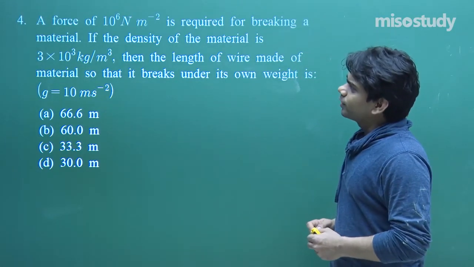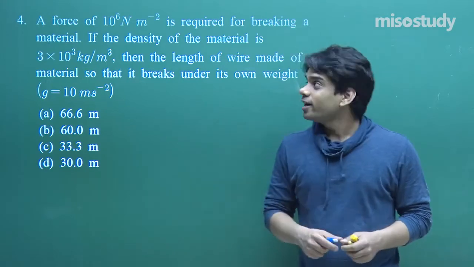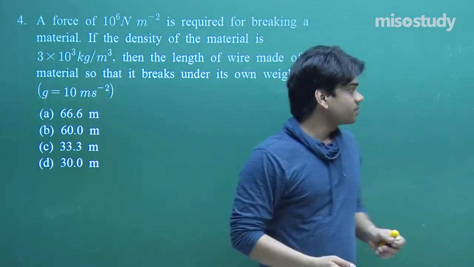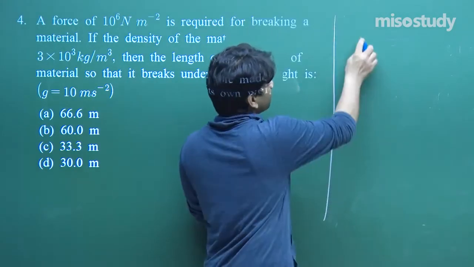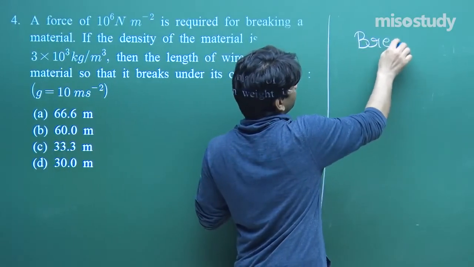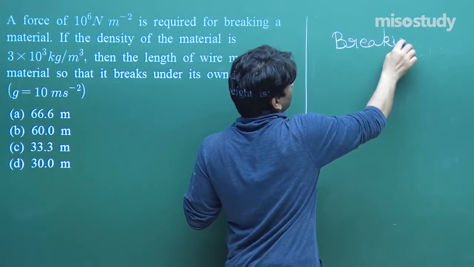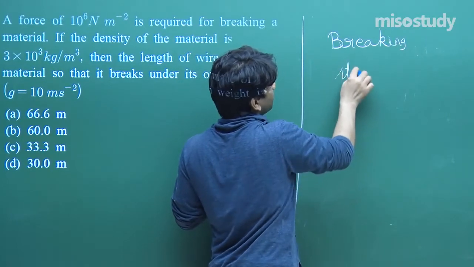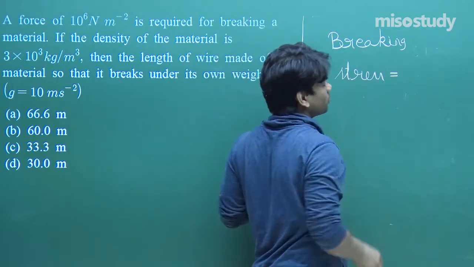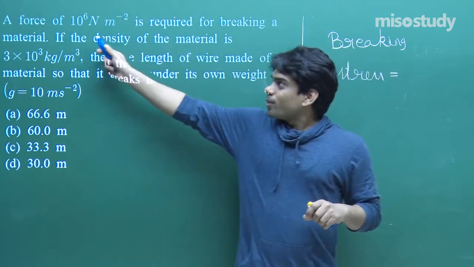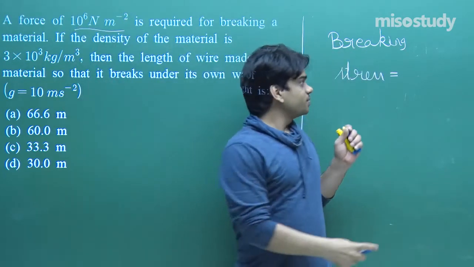A force of 10 to power 6 Newton per square meter is required for breaking a material. So the breaking stress is provided to us: 10 to power 6 Newton per square meter.